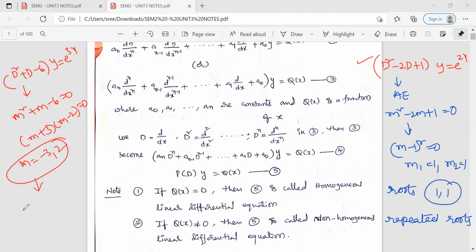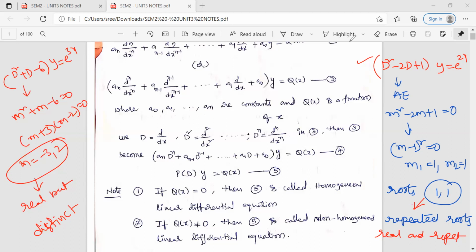Here the roots are real but different, called real and distinct. So we get types of roots: first, roots are real and repeated; second, roots are real and distinct.